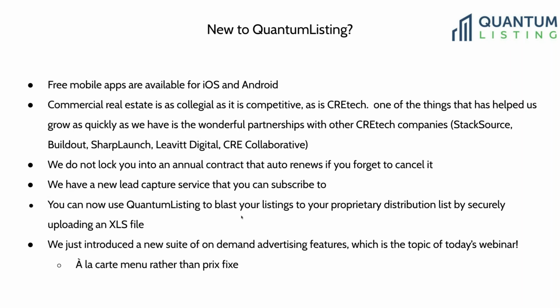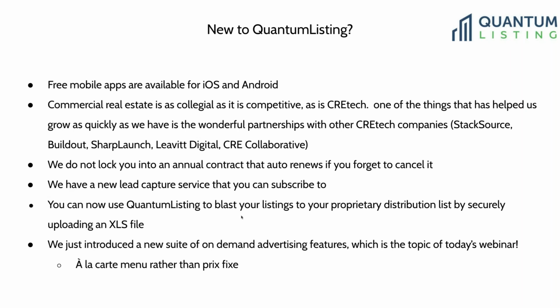Levitt Digital is another one of our partners. You can opt in to syndicate your listings to them through us, and they have a network of over 500 local news sites to which those listings go out. So it gets even more exposure, and that syndication channel is completely free.